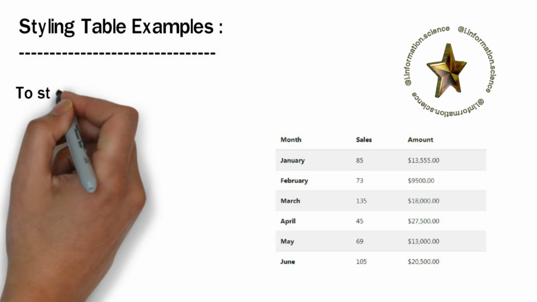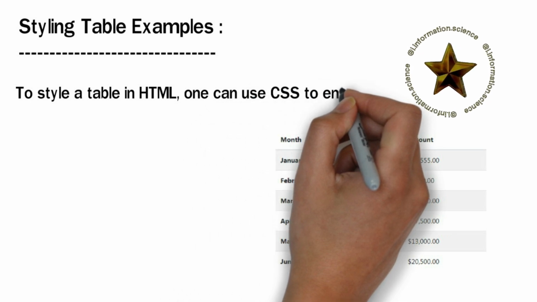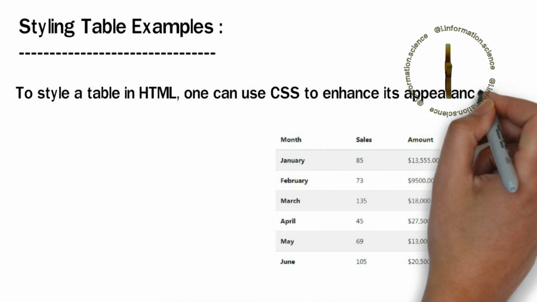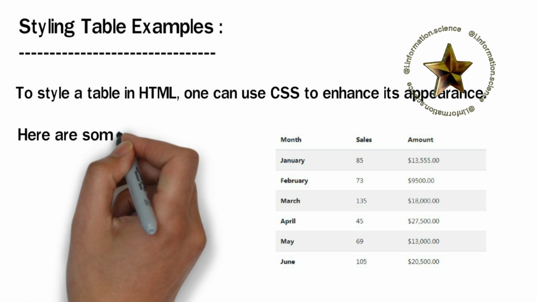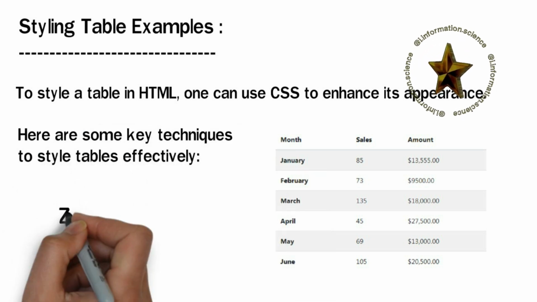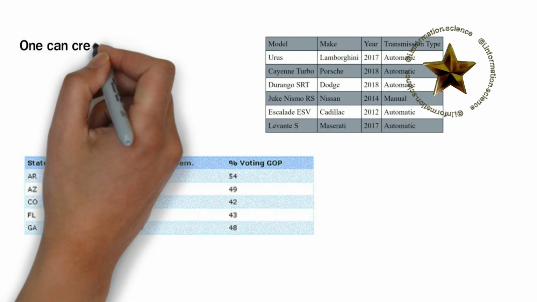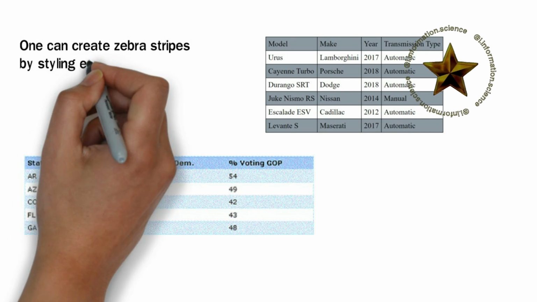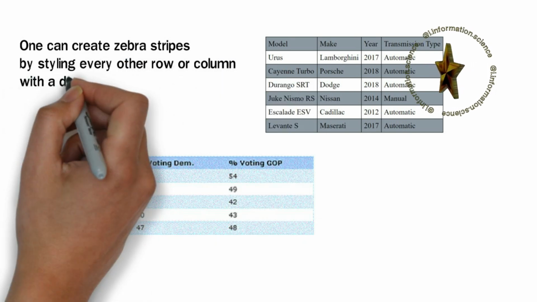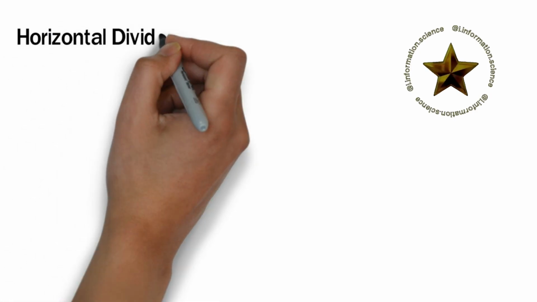Styling table examples. To style a table in HTML, one can use CSS to enhance its appearance. Here are some key techniques to style tables effectively. Zebra stripes. One can create zebra stripes by styling every other row or column with a different background color. Horizontal dividers.